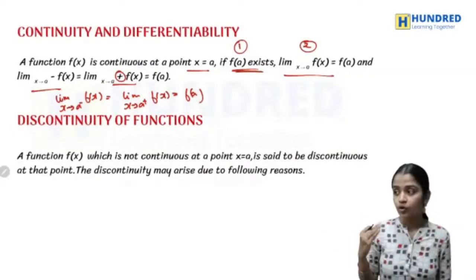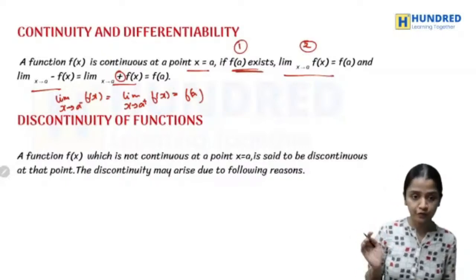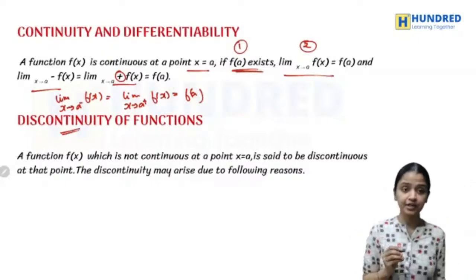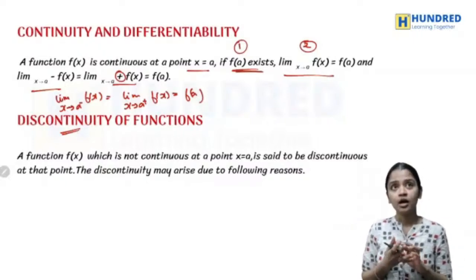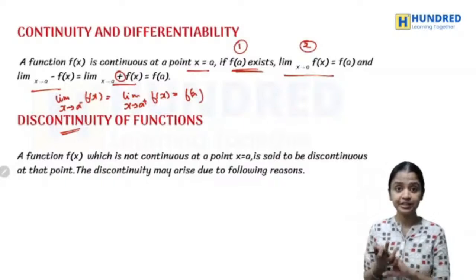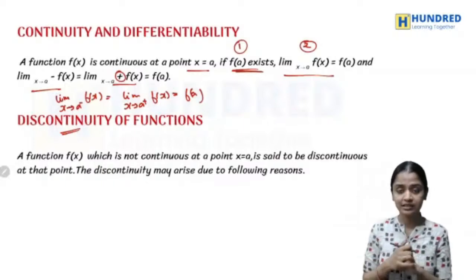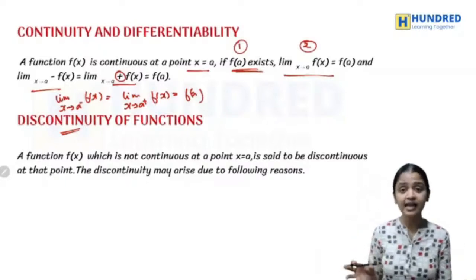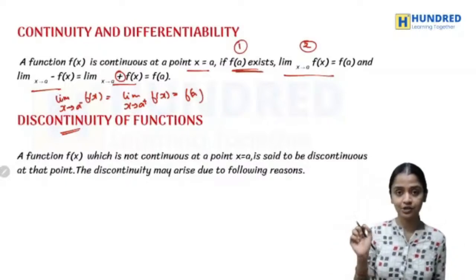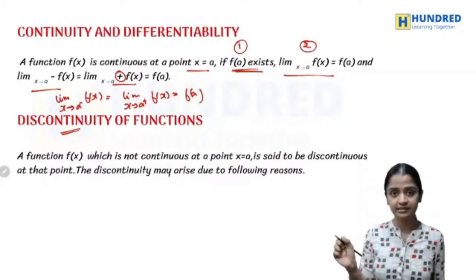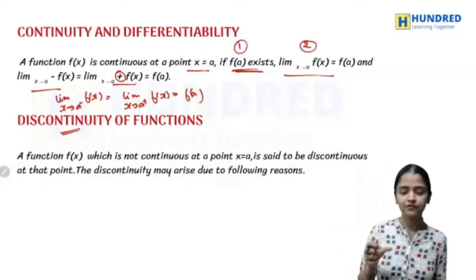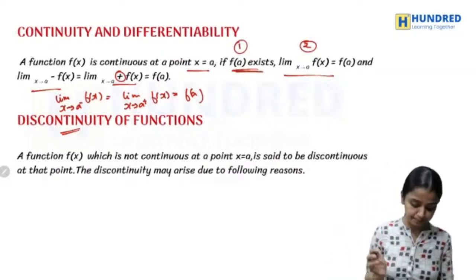Okay, now next we have to find what is discontinuity. In questions they may ask you to tell where is the discontinuity point, or whether this function is discontinuous or not. They will rarely ask you whether this function is discontinuous or not. Mostly they'll ask you to find at which point it is discontinuous. So we have to study it really well.